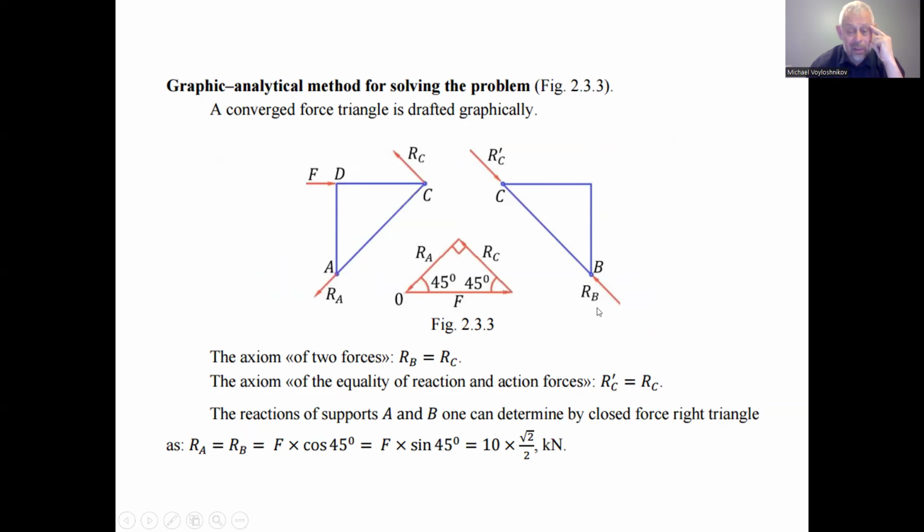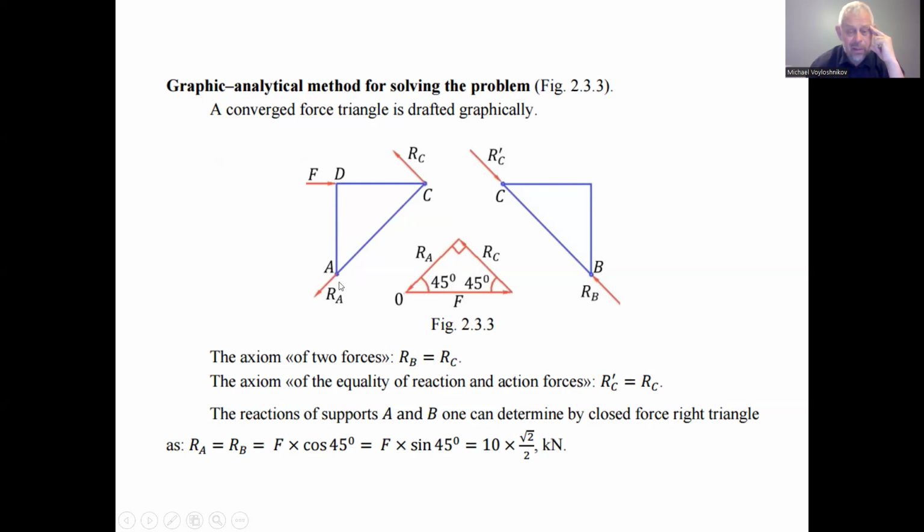And so we only have the force RA and the force RB, and we can see that these two forces have to be equal in magnitude, due to both being inclined at 45 degrees to the axes.